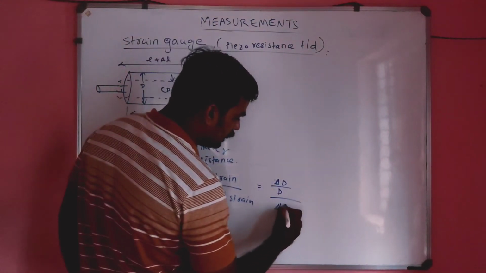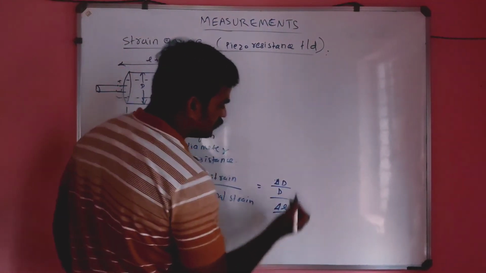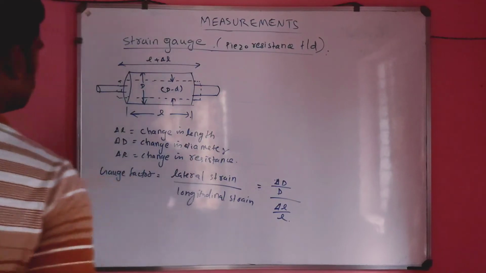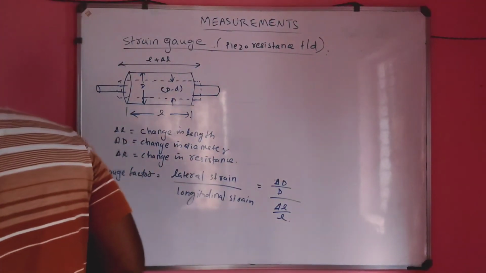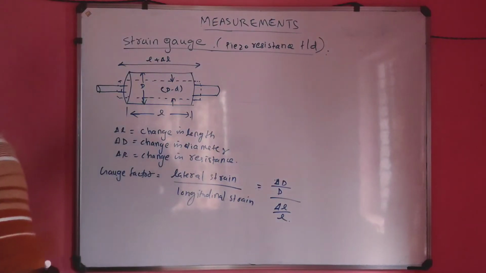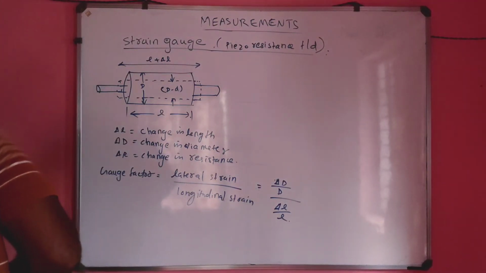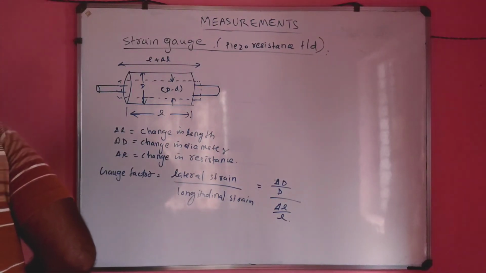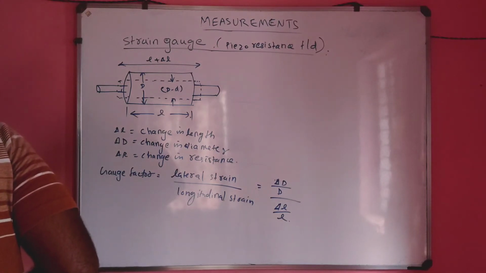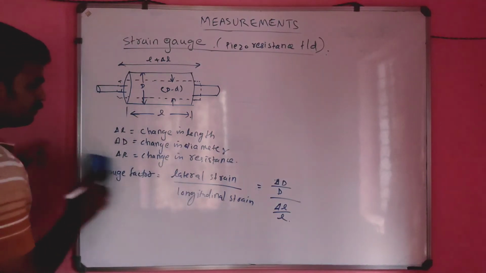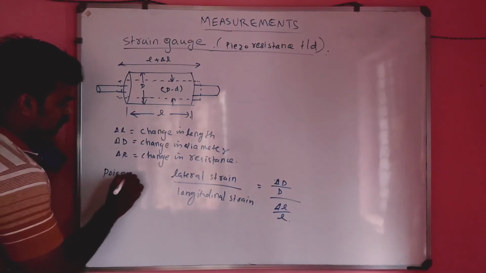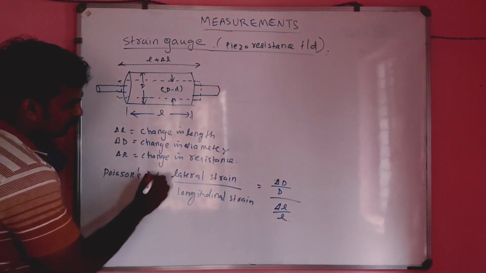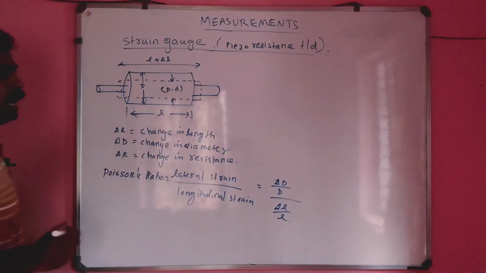Longitudinal means change in the length by original length. Okay, sorry, my dear, it is not gauge factor, it is Poisson's ratio. It is Poisson's ratio. Okay.